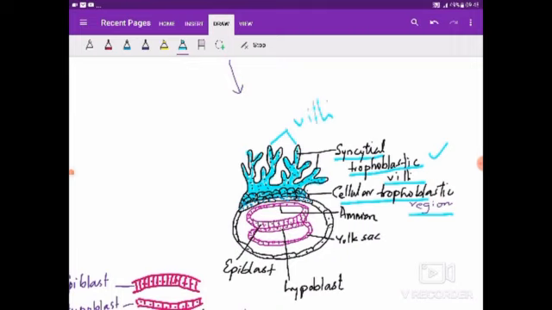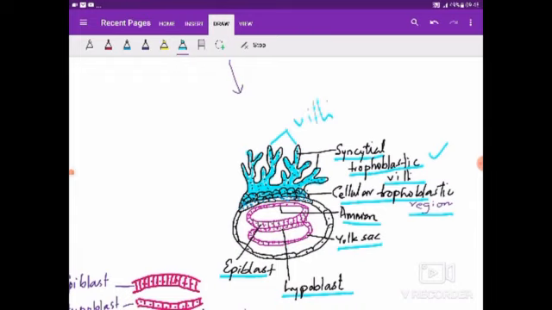And here we see that the inner cell mass has differentiated into epiblast and hypoblast, and these two layers also give rise to some cells which form the amnion above and the yolk sac below.